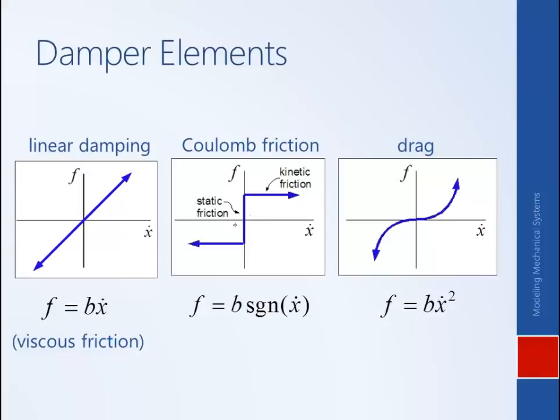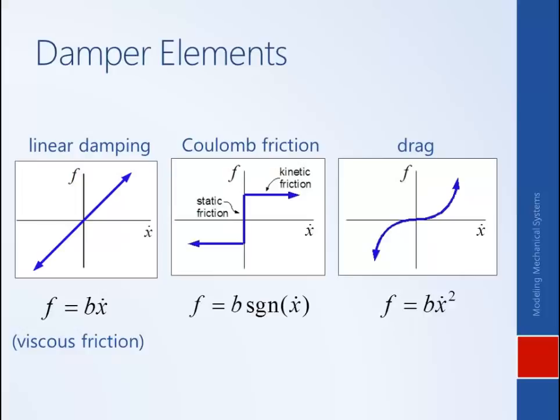Another type of friction model is a Coulomb friction model, where you have this stiction such that when you try and move an object relative to another object or a surface, it's initially going to stick. So there's force being generated without any motion when the velocity is still zero.